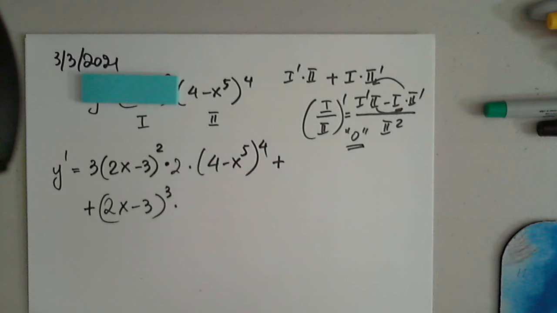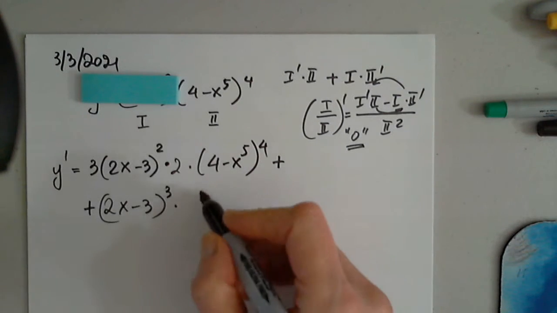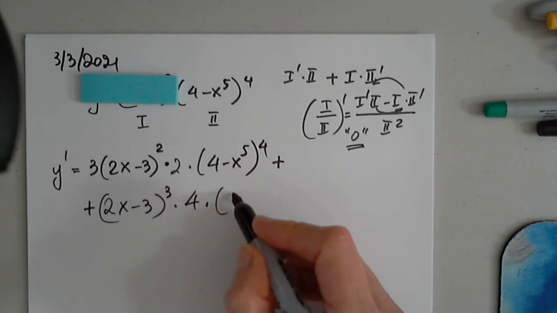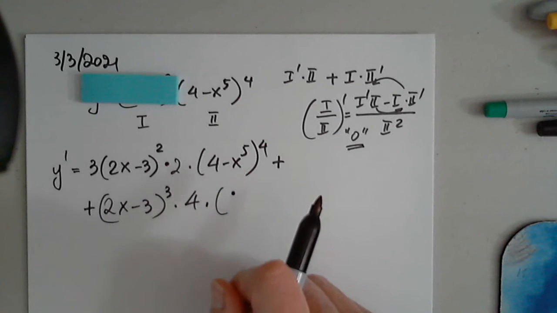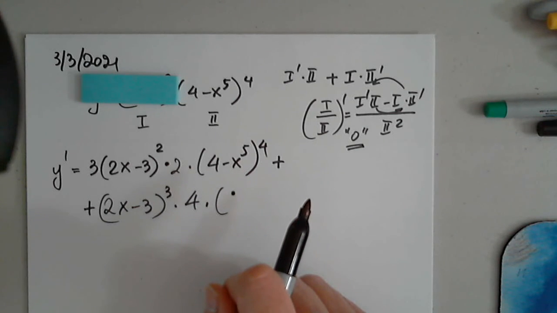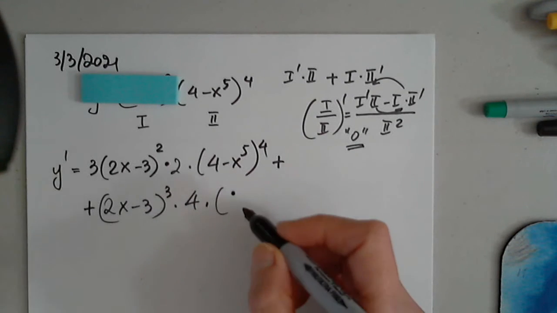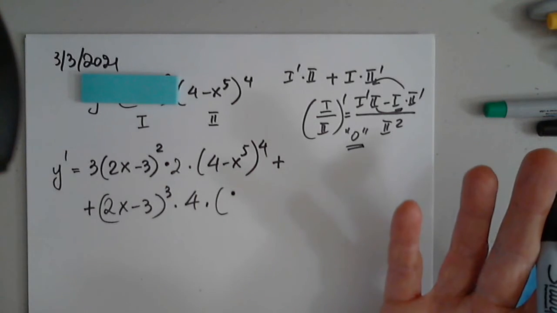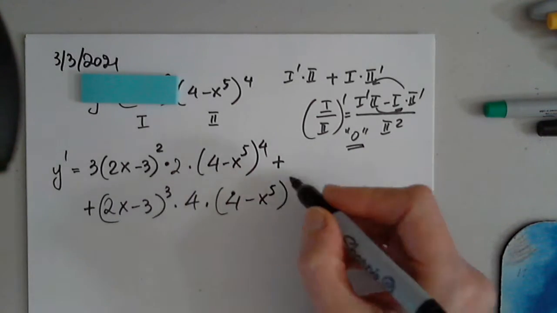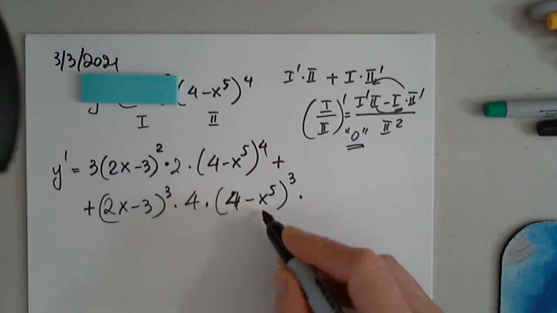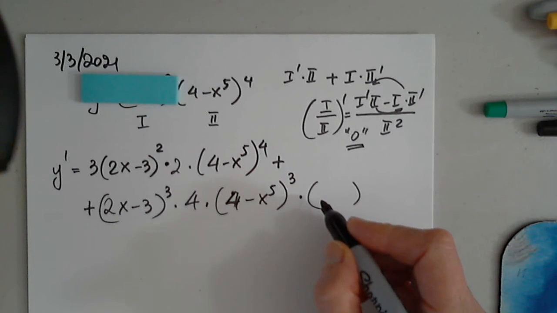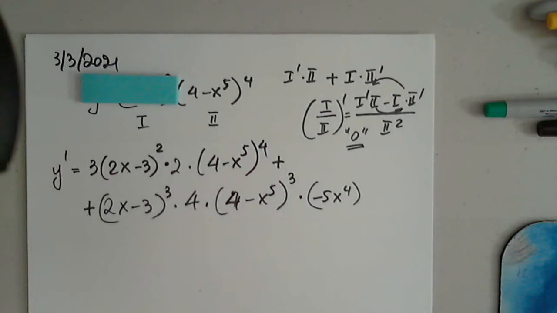It would be 4 times 4 minus x to the fifth to the third, multiplied by the inner function prime, which is negative 5x to the fourth. Excellent. Good, we got it.